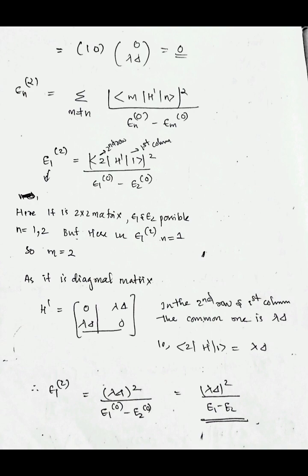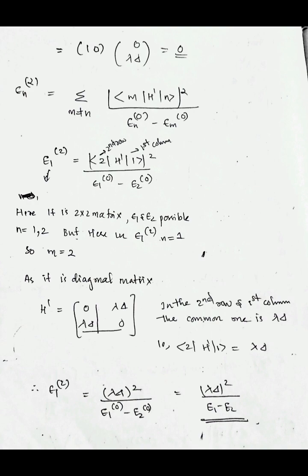So E1² is equal to |<2|H'|1>|² divided by E1⁰ minus E2⁰. So here we need to find the value of <2|H'|1>. We know H' is equal to [0 λδ; λδ 0]. In <2|H'|1> we need to consider the second row and first column.